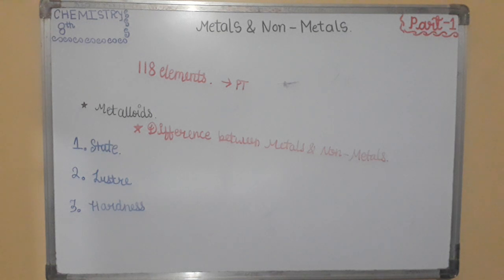Exception, diamond. Diamond is the hardest substance known. Fourth is density. In metals, they generally have high density. Exception, sodium and potassium. In non-metals, they have low density. Exception, diamond.